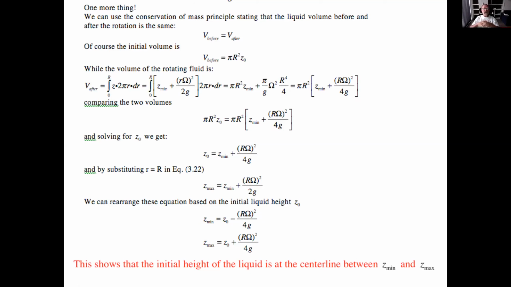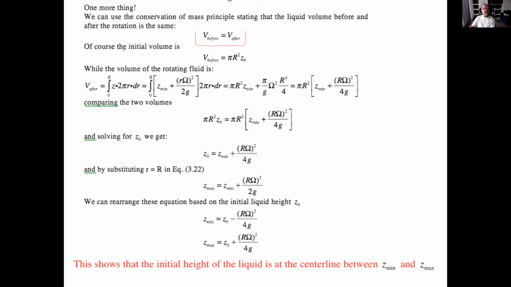So we need to do a little bit of algebra. So for example, what we can say is that the amount of liquid is the same before the spinning started and after. So that's what we claim, that has to be the same.